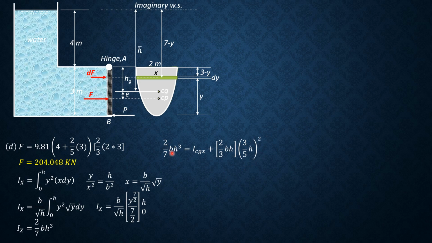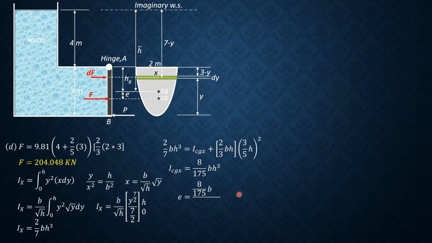So since 2 over 7 bh cubed is a similar term as the one on the right side, 2 over 7 minus 2/3 of 3/5 squared will give us I sub cgx, 8 over 175 bh cubed. So having known I sub cgx, we can now compute e.